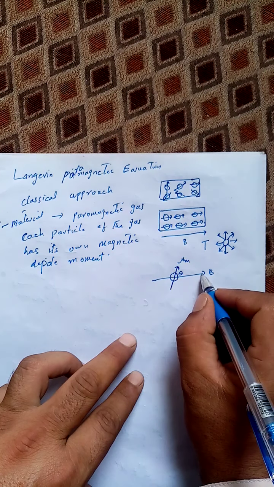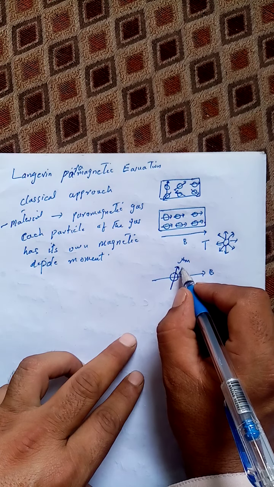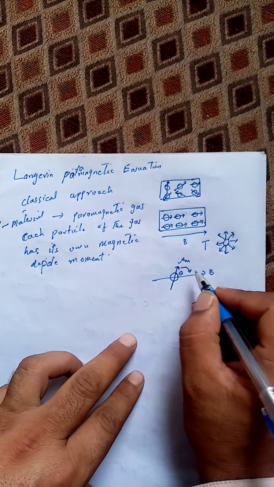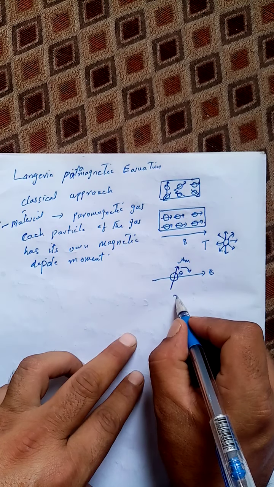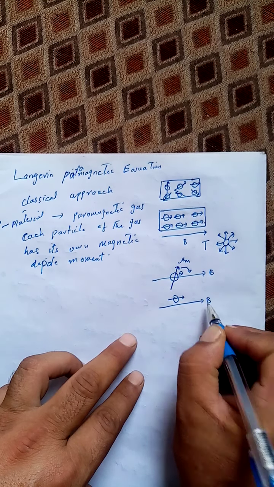Once the field is applied, there is a torque on this dipole moment, due to which it rotates its position in such a way that the atomic dipole moment becomes parallel to the magnetic field.